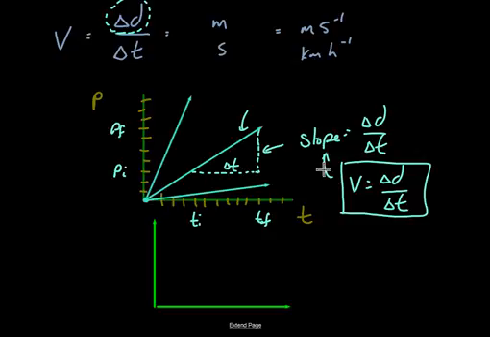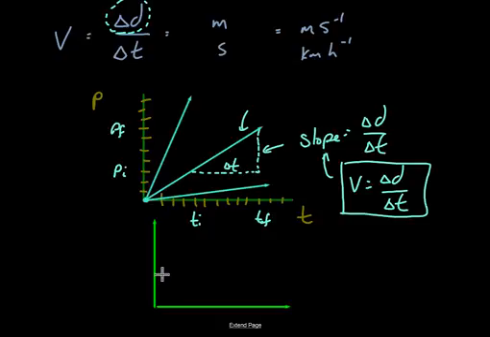Does the velocity ever change? Well, no. The slope of this line is always the same, so the number we get here will always be the same. So if we plot that as a velocity time graph, what do you expect that we'll see?